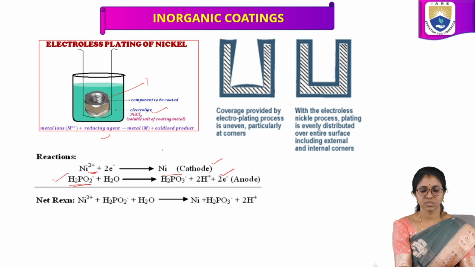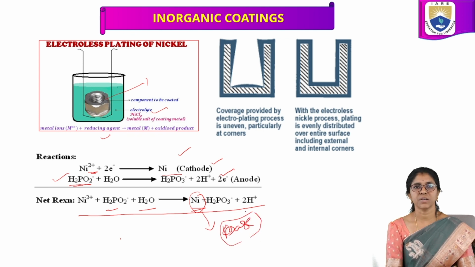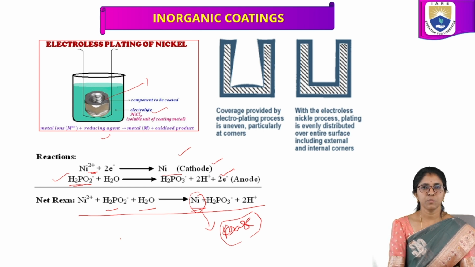This is undergoing oxidation, and the nickel is undergoing reduction. The net reaction is Ni2+ plus H2PO2- plus H2O giving nickel, which is coated on the base metal. This is electroless plating of nickel.